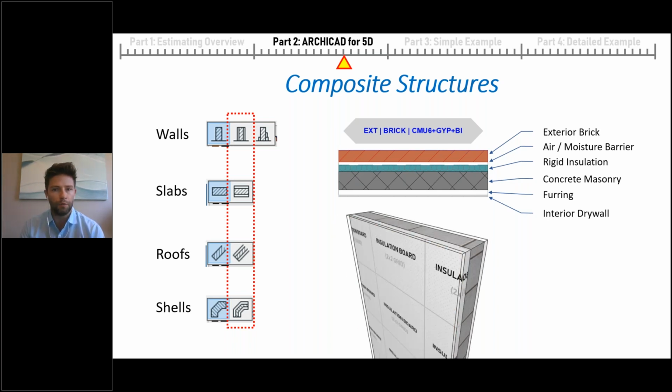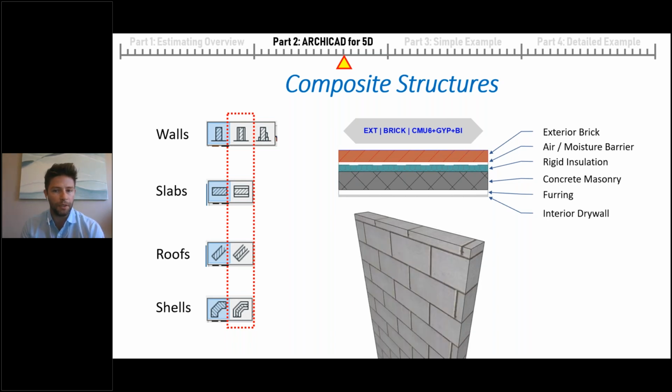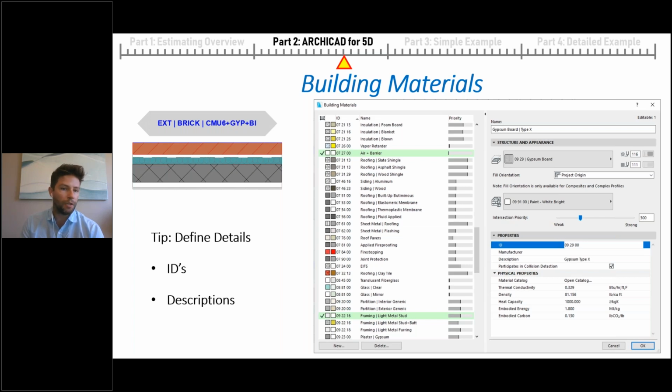This can be a really powerful method for simplifying how many model elements you need to add to your project. With these composites, obviously they're made up of building materials. When you're using these, some general tips are to make sure you define a nice clean ID.